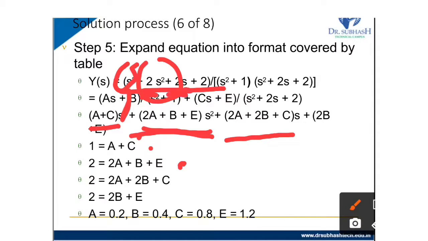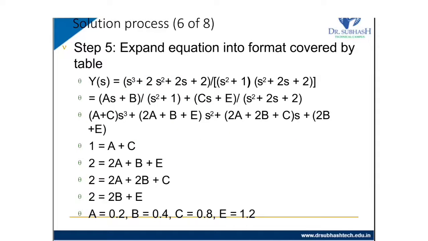Then the s term is multiplied with 2, so it is 2A plus 2B plus C equal to 2. Then the non-s term, 2B plus 2E, equal to 2. By comparing both sides of the numerator, we get A plus C equal to 1, 2A plus B plus E equal to 2, 2A plus 2B plus C equal to 2, and 2B plus E equal to 2.